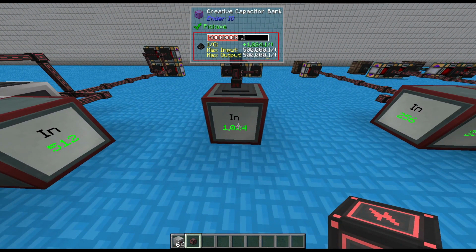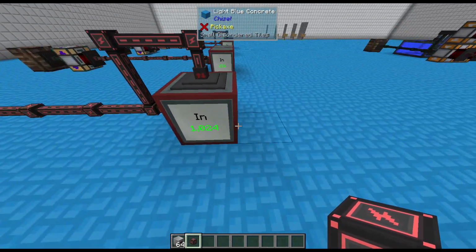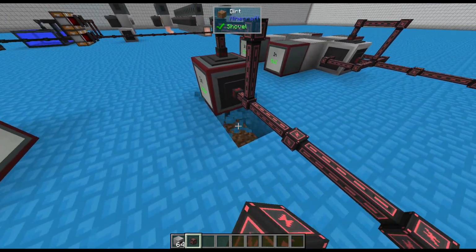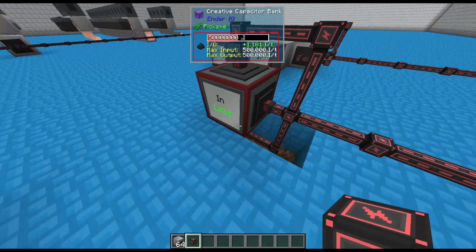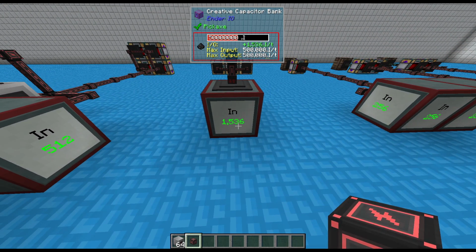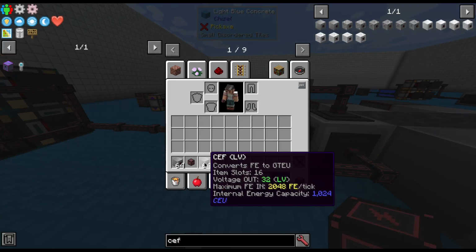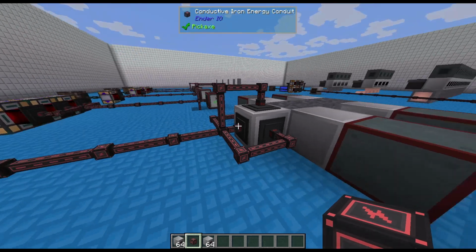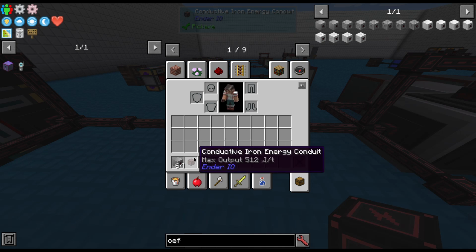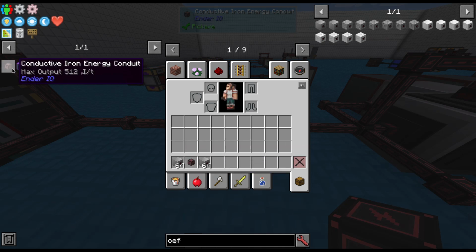Oh, and we got twice the amount, and I cannot connect. Oh, I can. I can be sticky. I can do this. Now we should have 1536 RF per tick. That means that if we have a 60 slot CEF, we need to have 4 connections with 512 conduit, like here.